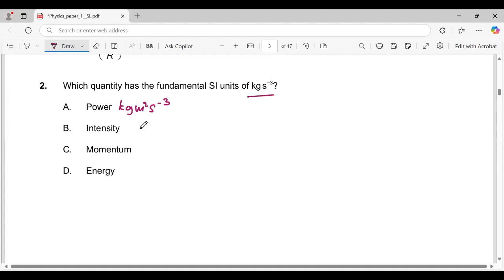Intensity is the unit kg second to the power minus 3. Momentum, the unit is kg meter per second. And energy, the unit is kg meter squared per second squared. So the solution is this one, intensity.